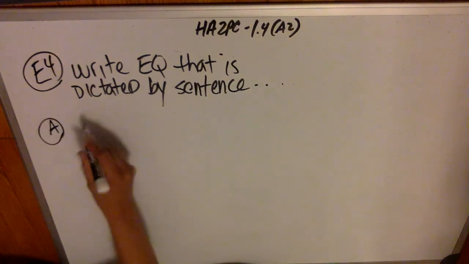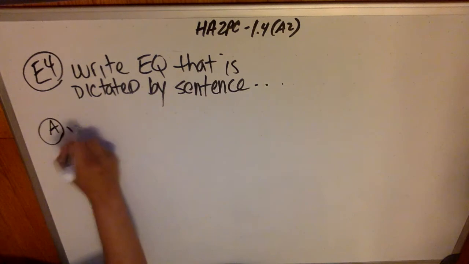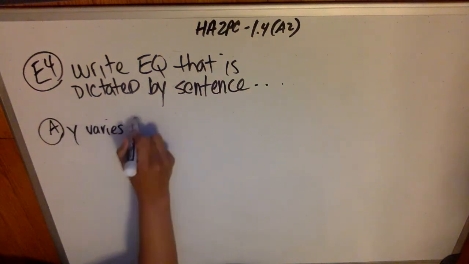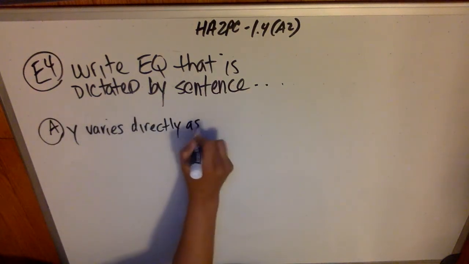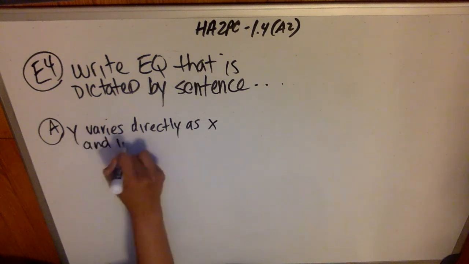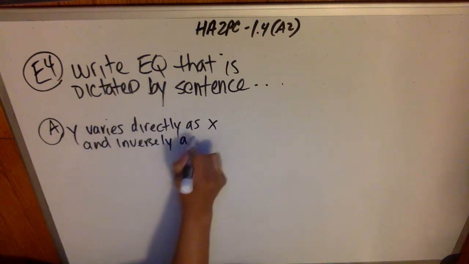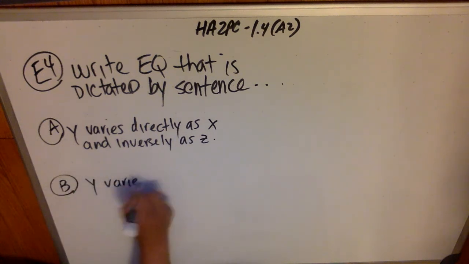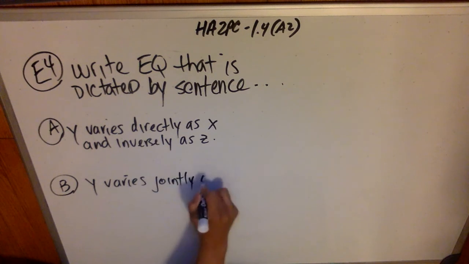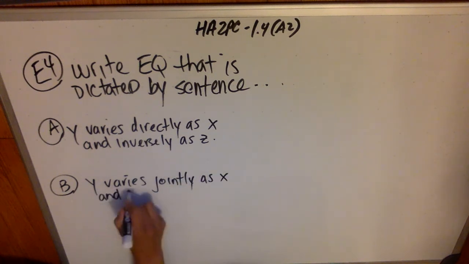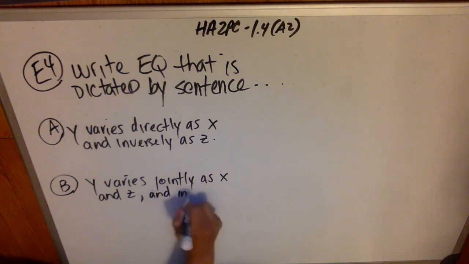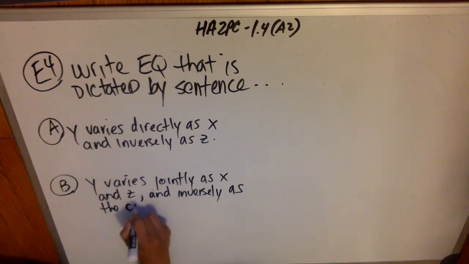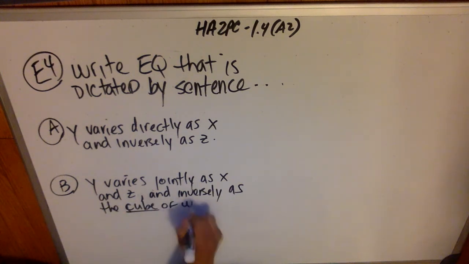So in A, I'm going to say y varies directly as x and inversely as z. In B, I'm going to say y varies jointly as x and z, and inversely as the cube of w.